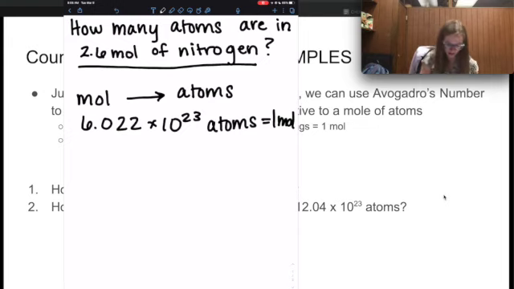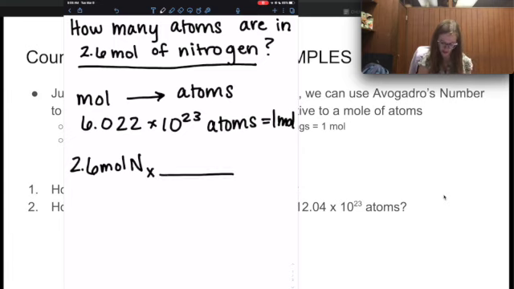So I'm going to set up my conversion chart here. So 2.6 moles of nitrogen. If I want to use my conversion factor, remember I'm looking for moles to cancel out, so I'm left with atoms.